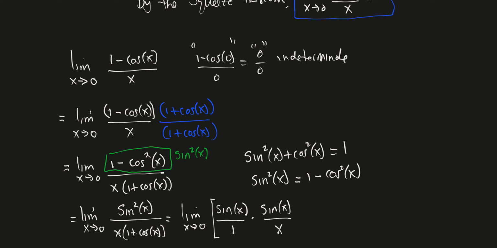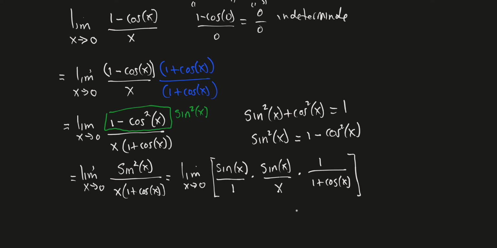So that takes care of that x in the denominator. And then the third factor, I'm now going to put a 1 over the expression that we have in parentheses here, 1 plus cosine of x, right? So 1 plus cosine of x. All right? Okay. So how does this help?